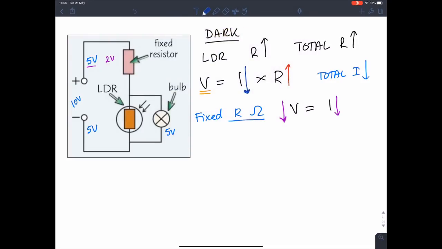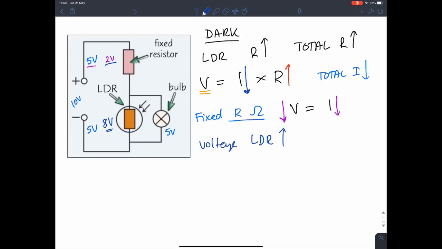Now, we know that the fixed resistor and the LDR are in series, which means the voltage gets shared. So here you have 5 plus 5, which makes 10. If the fixed resistor has dropped to 2, the LDR has to now take more. So the LDR takes 8 volts. The voltage of the LDR now increases. Since the LDR and the bulb are in parallel, the bulb is going to copy the voltage of the LDR.